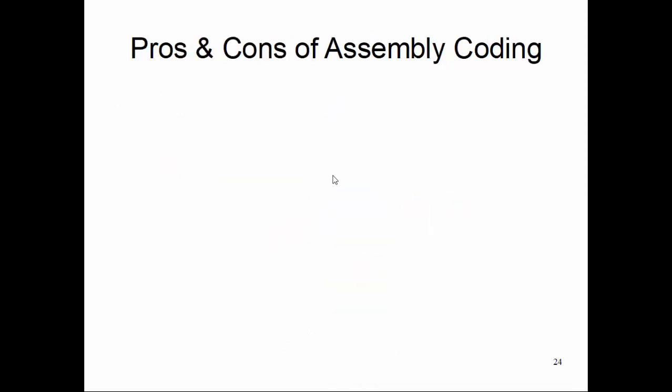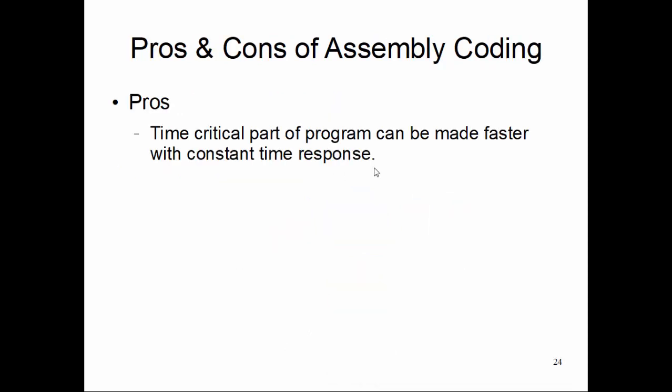Now, pros and cons of assembly coding. The pro is that the time critical part of a program can be made much faster, with constant time response. So why do you need it? Real time operating systems. For example, you are making software that controls a car, say a brake system response.